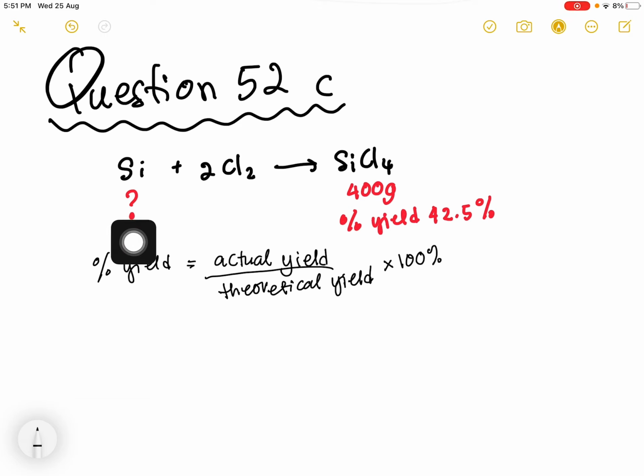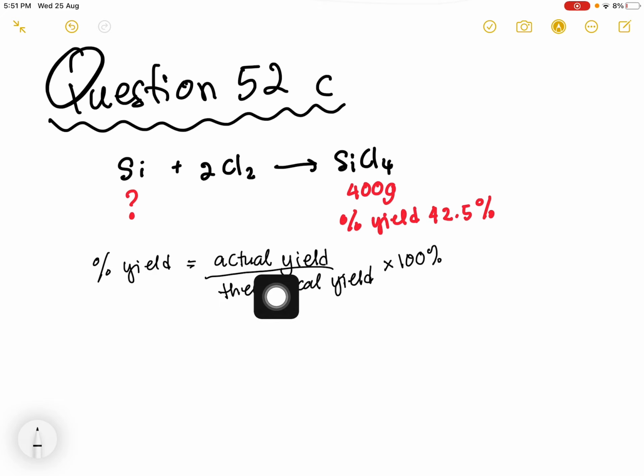Okay, so we need to know the mole of the silicon tetrachloride produced, and then we need the theoretical value, since we are given the percentage yield of silicon tetrachloride is 42.5%.